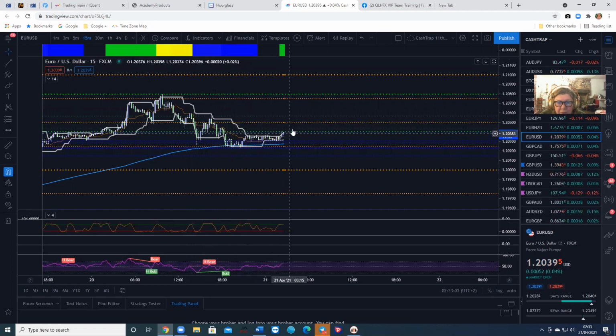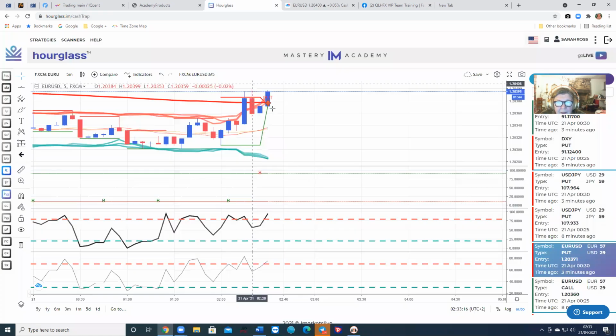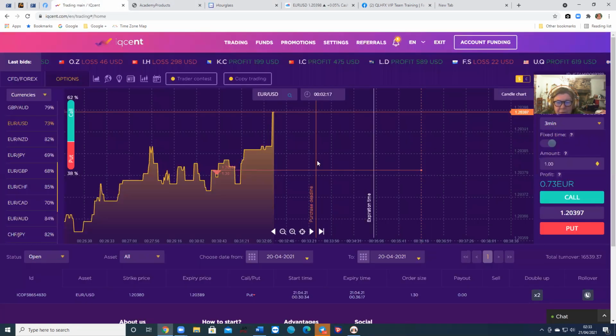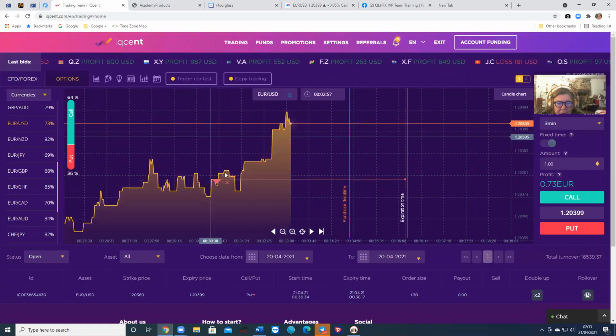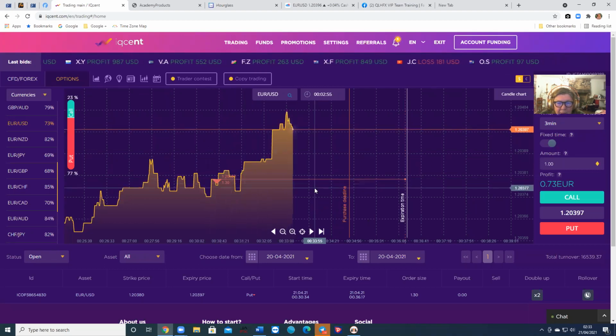So it may be that the euro now wants to break that. This is on the 15 minute, it is above that moving average. So over the longer term, maybe it is now wanting to push up, and it's pushed up very heavily. So I'm not going to roll that over again. That didn't work out.